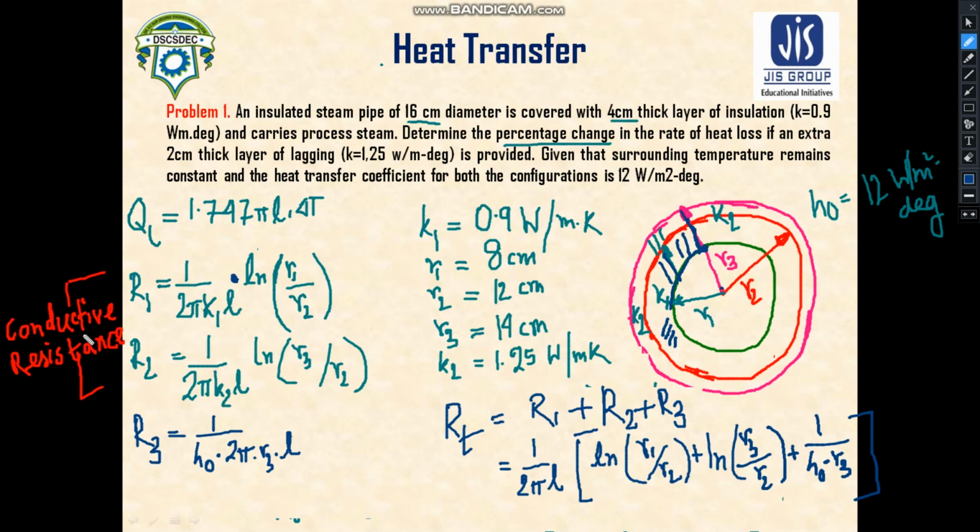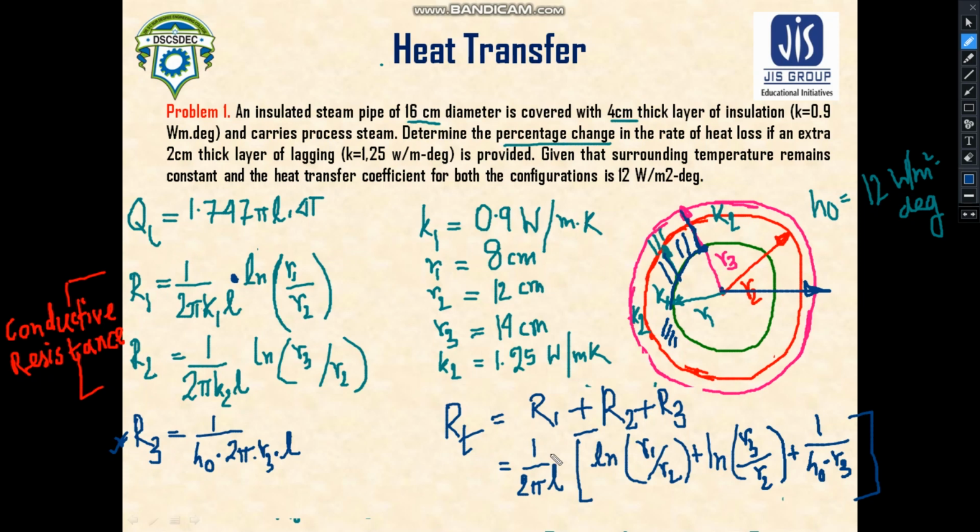And this is the convective resistance. For the convective resistance we have to consider the whole radius, and there is a process steam which is moving. So because of the convection we can write this formula.